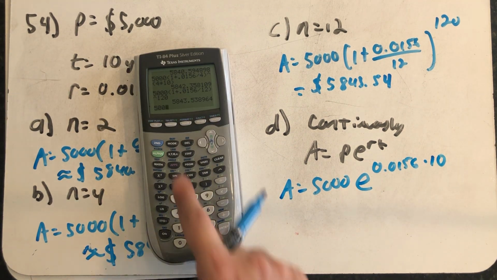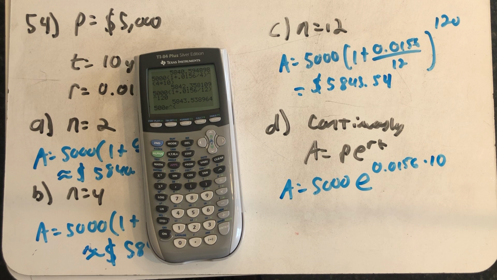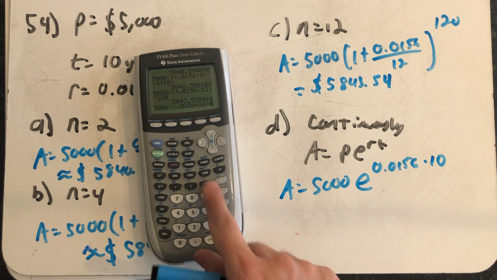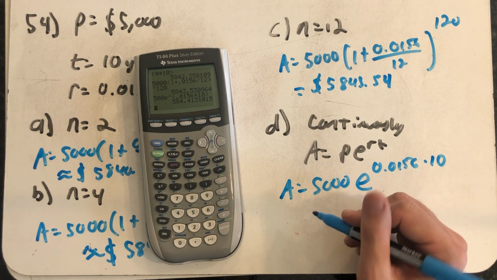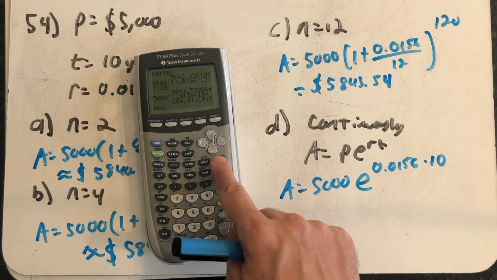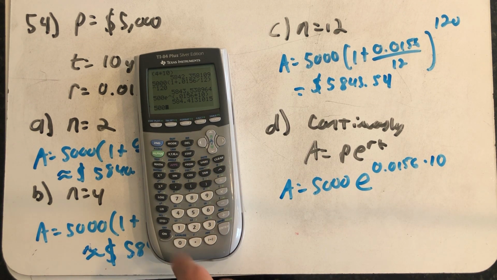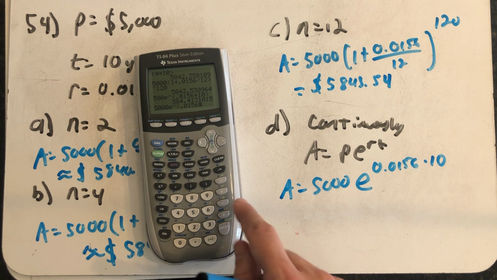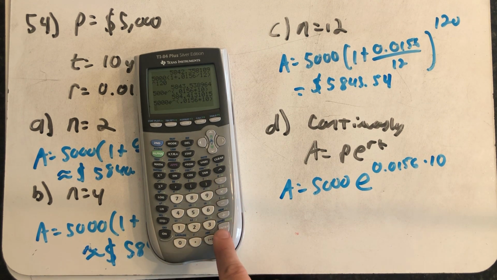So 5,000. Second, the natural log button to get that E in there, 0.0156 times 10. Oop. 500 and 5,000 are different numbers, so let's do that again, though I know I could just multiply that one by 10, but I like seeing all the correct buttons getting pressed in these videos.